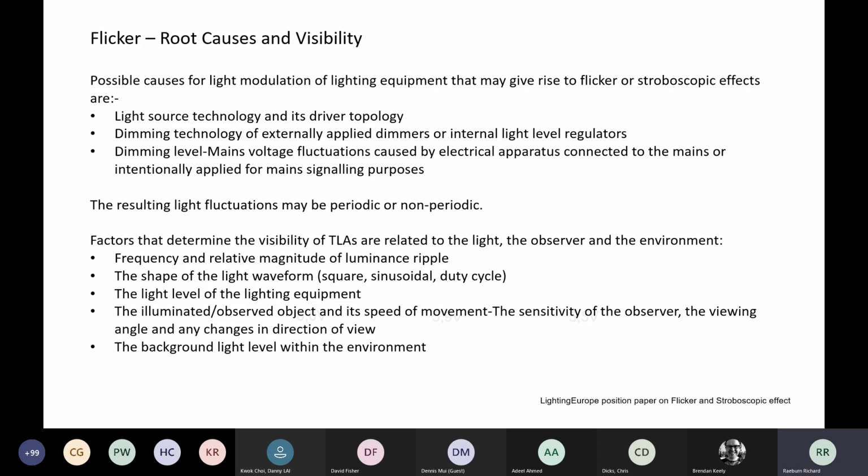So these can all have a bearing on flicker and stroboscopic effects.